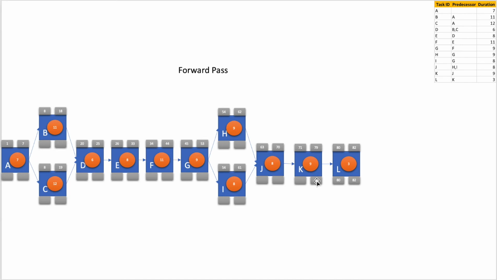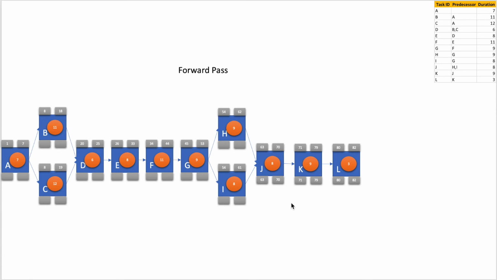So it should be 79. So late finish of activity K will be 79. The late start can be calculated as 79 minus 9, 70 plus 1, that is 71. We can similarly calculate the late finish of activity J, which will be 71 minus 1, 70. And the late start will be 70 minus 8, 62 plus 1, 63.